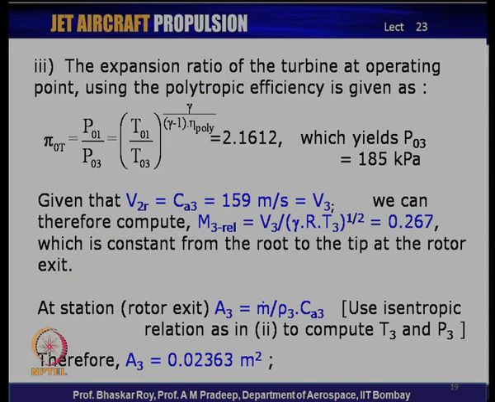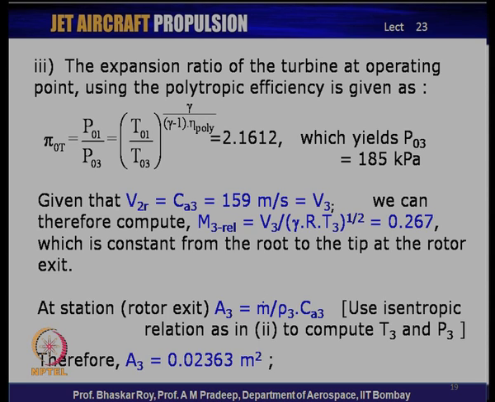The expansion ratio of the turbine at this operating point, using the prescribed polytropic efficiency, can be found by using the relation that we have done before, and it gives you a value of 2.16, which of course gives us a P03 of 185 kilopascals.